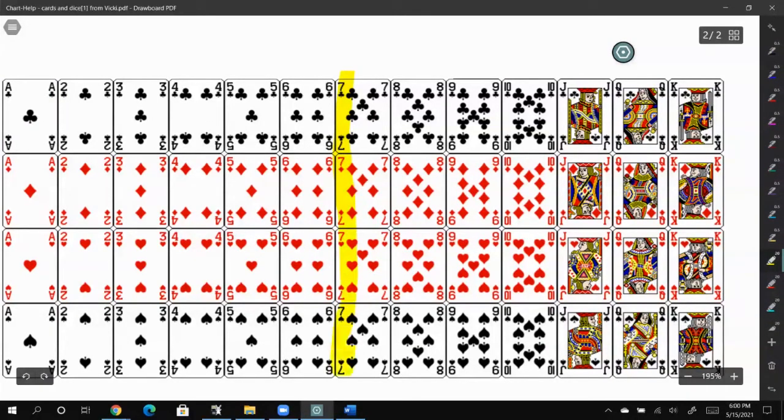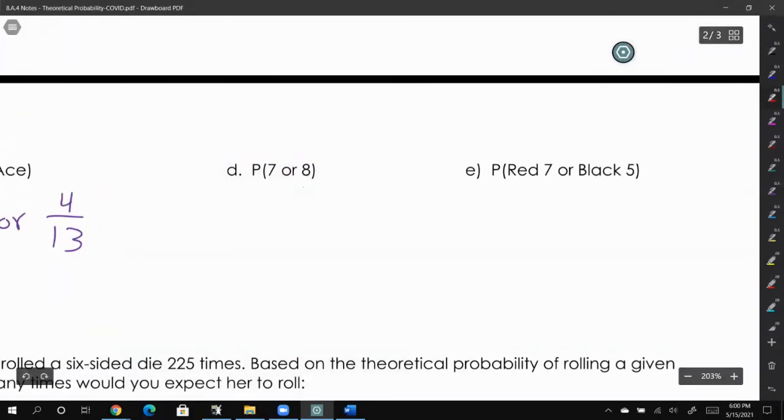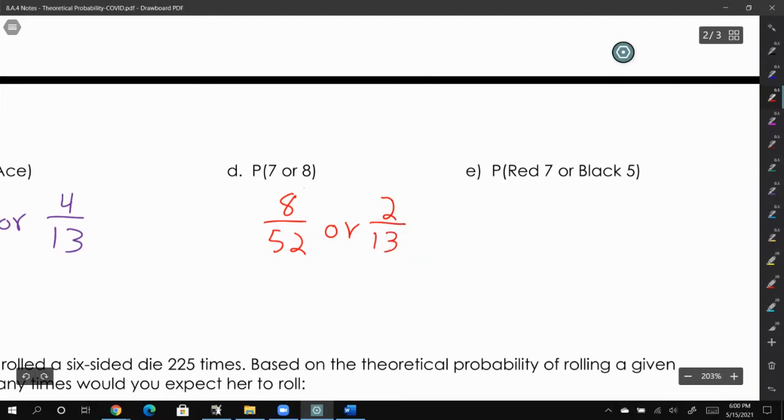Well, there are 4 7s and there are 4 8s. So altogether there are 8 successes out of 52 cards. So 8 out of 52. Or if you wanted to reduce that, that would be 2 out of 13. 2 over 13.